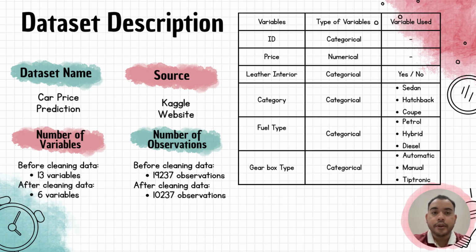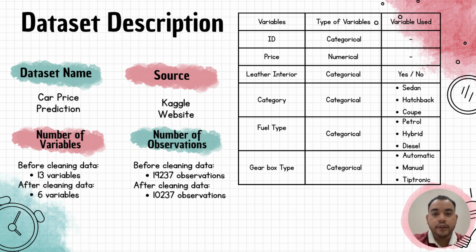Before the data cleaning process, the dataset contained 13 variables and 19,237 observations. After removing missing values and irrelevant variables, the final dataset consists of 6 variables and 10,237 observations. These variables were retained because they are directly related to our research objectives.